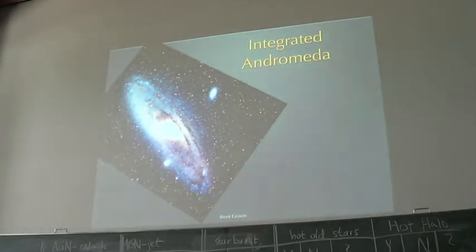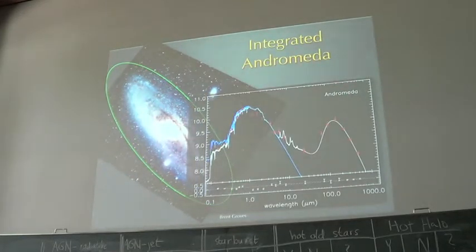So let's take Andromeda as a galaxy. Let's add it all up and see what we end up with. This is the integrated SED of Andromeda, within the aperture I show here. There is dust emission, we can see some young blue stars, but in general it's actually quite old.